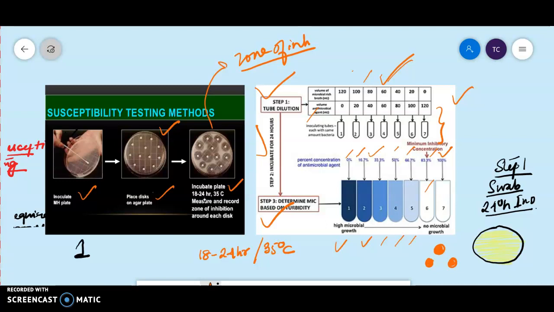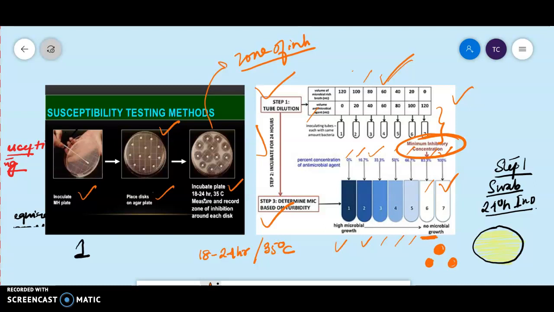It is nearly transparent, not turbid. In the tubes showing considerable turbidity, the microorganism is not being inhibited, and the first clear tube can be your minimum inhibitory concentration. So that is your tube dilution method.